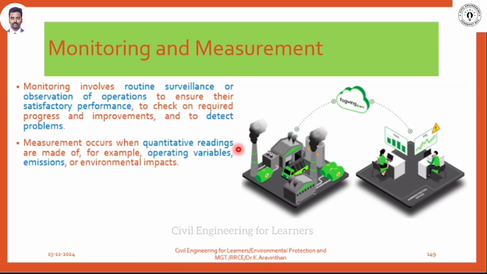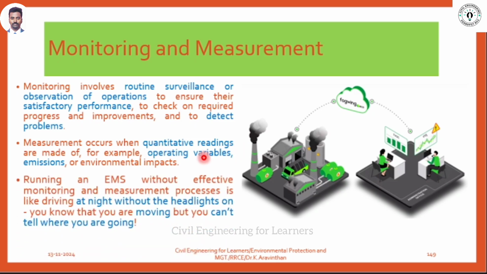Quantitative readings have to be measured during an emission. So running an environmental management system without monitoring and measuring is like driving without a headlight. If you are going in a vehicle during the night, it is the same phenomenon when an industry is not measuring and monitoring.